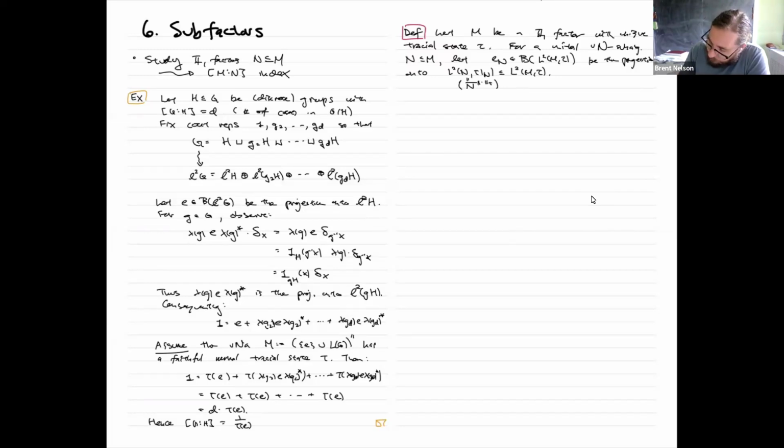So that gives you some projection. Then I'll write bracket M, E_N bracket to mean the von Neumann algebra generated by M and this projection. This notation is reminiscent of group theory notation, where stuff in the brackets means the group generated by this. So I mean the von Neumann algebra generated by all this stuff. This is called the basic construction.